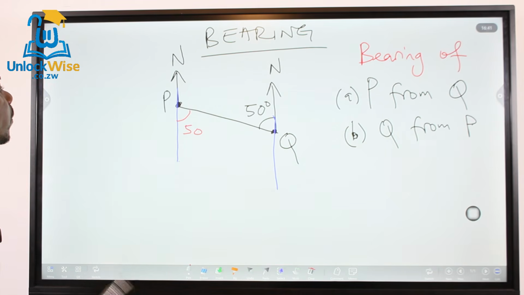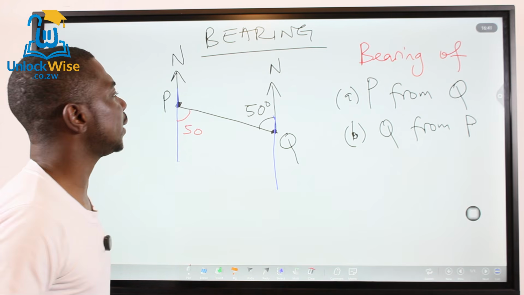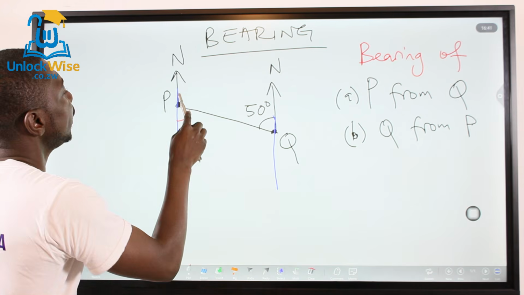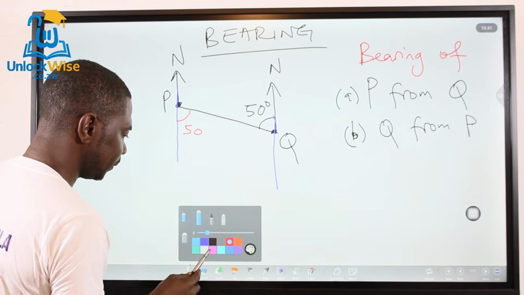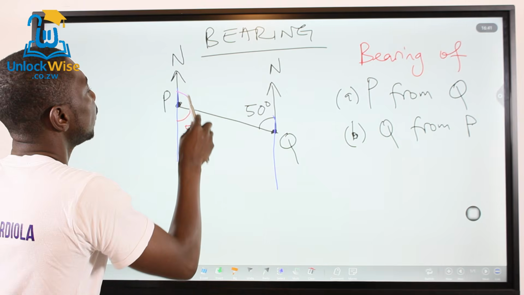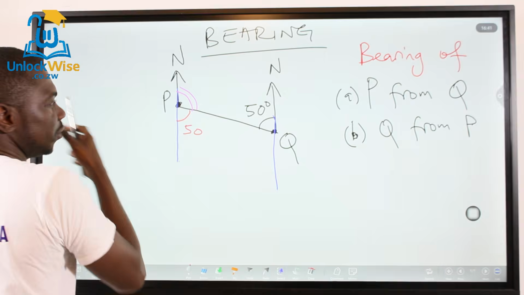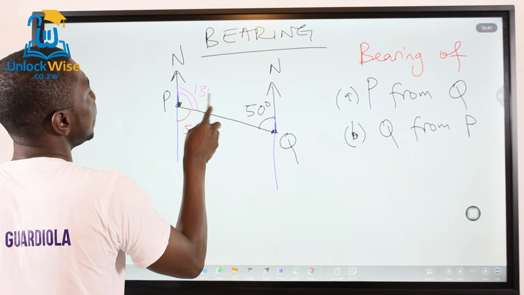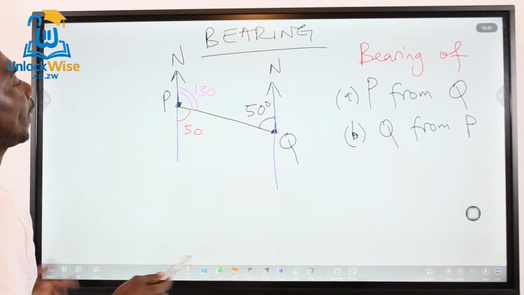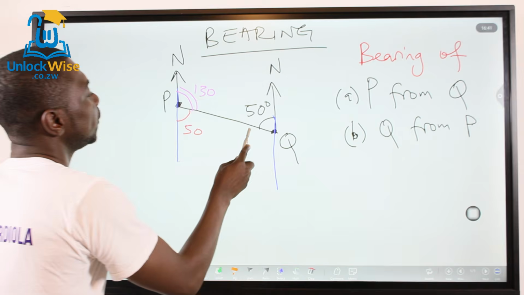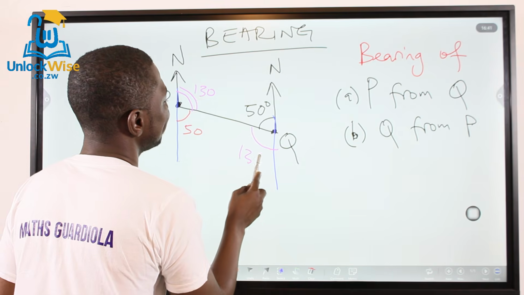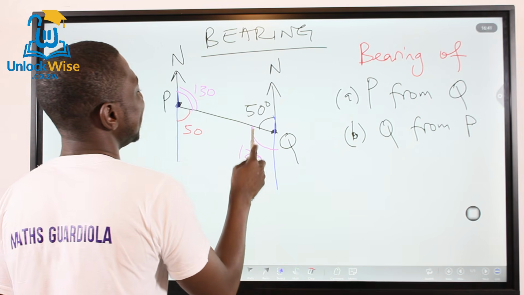Right. And if you want, you can even say if this is 50, this one is also 50. Right. And for the first part, we can even have this one, what is 180 minus 50 is 130, right? Okay. And this one is also 130, right? 180.